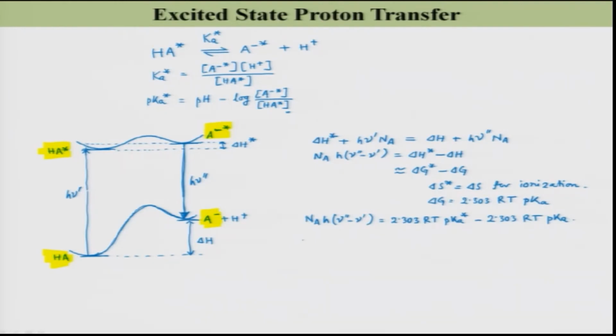So, I can simply write that pKa star minus pKa is equal to Avogadro number, Planck constant, nu double bar minus nu bar. This nu double bar is the emission frequency of the A minus, and this nu bar is my absorption frequency of this HA, right. I am exciting over here.